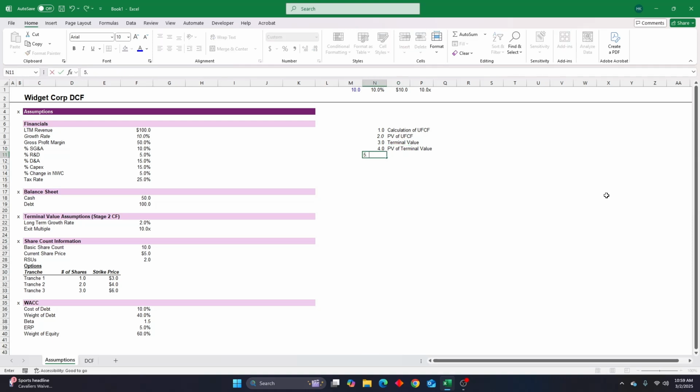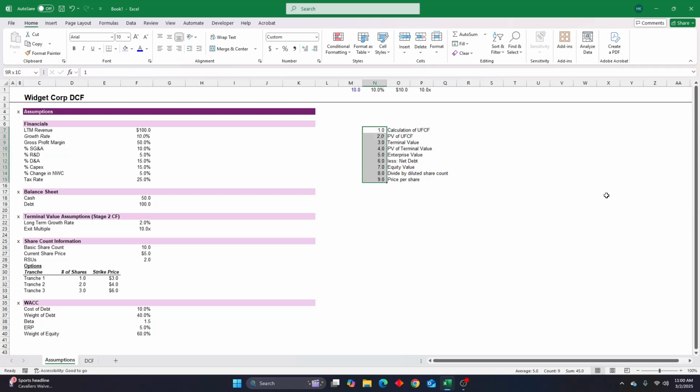Then, once we have the present value of both, we'll calculate our enterprise value, take out net debt to get to an equity value, which we will divide by our diluted share count. And the result is going to be a price per share. So, we'll obviously get more granular in terms of what each step looks like.